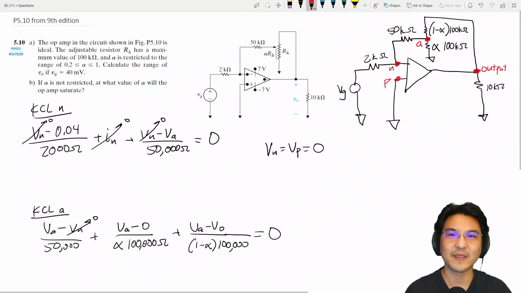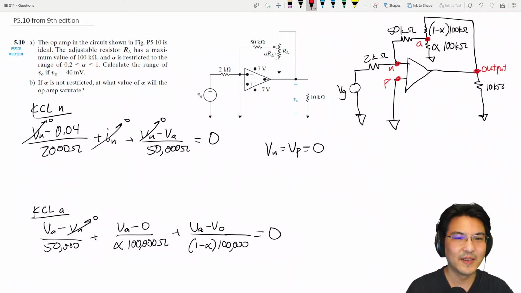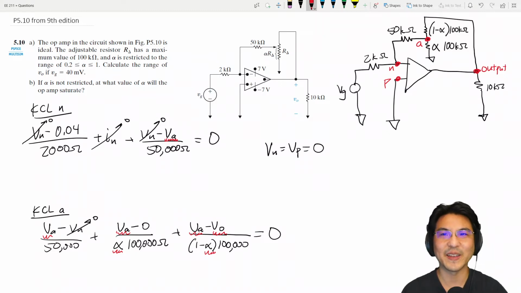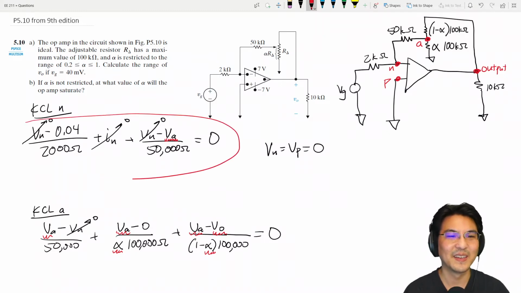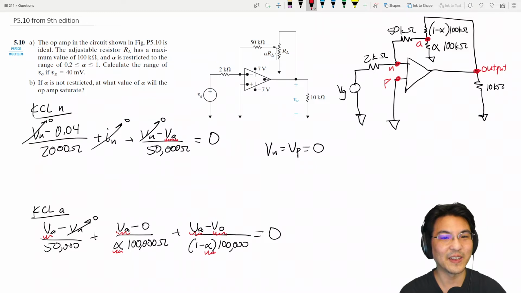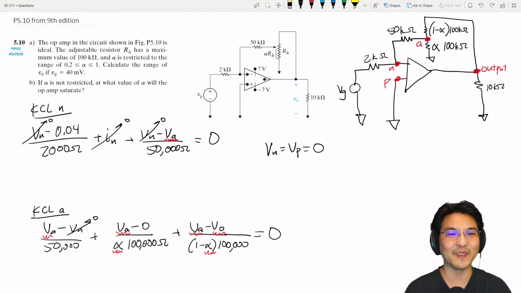Okay, and let's just take a look at our unknowns: Va, V out, and alpha. By underlining the unknowns, look, that equation only has one unknown, which means we can solve for Va immediately.